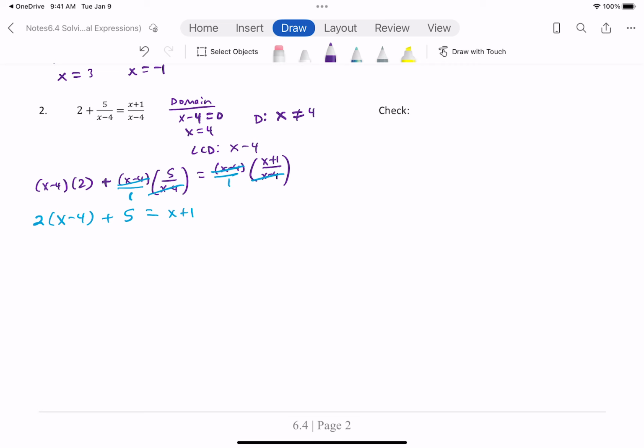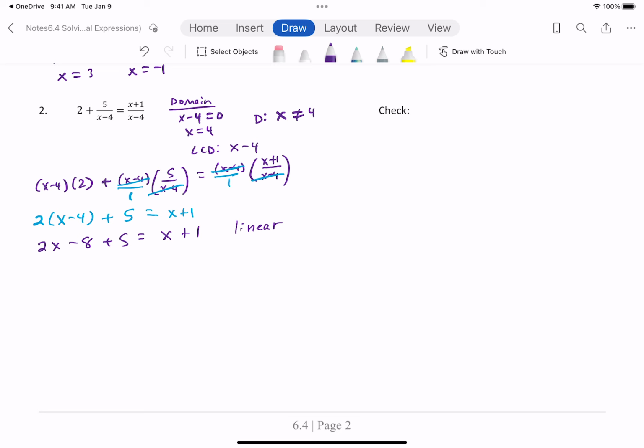So now we just need to clean this up. I'm going to distribute 2 times x, 2 times -4 plus the 5 equals x plus 1. Now notice this time my highest power is a 1. So this equation is linear. It's not quadratic. So we don't need to get equal to 0.